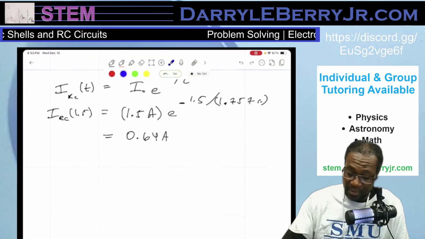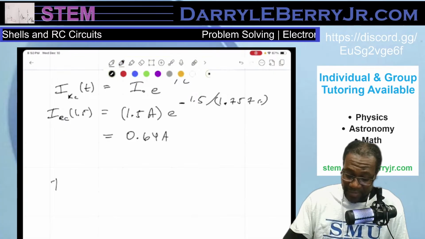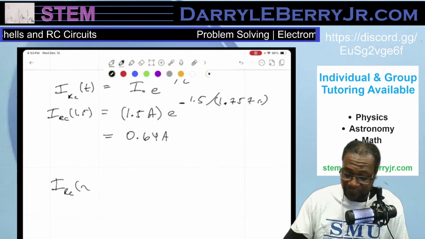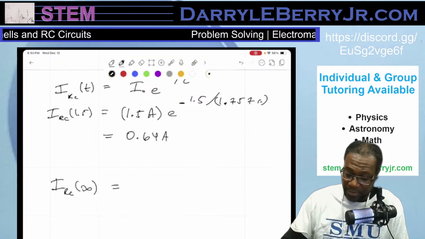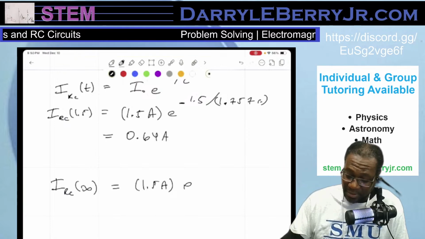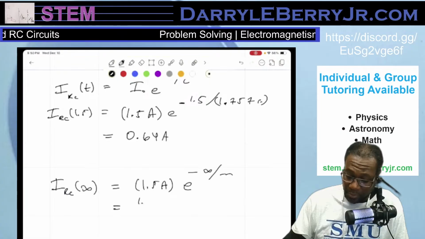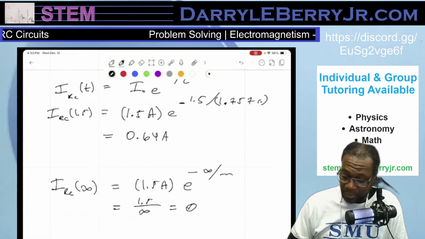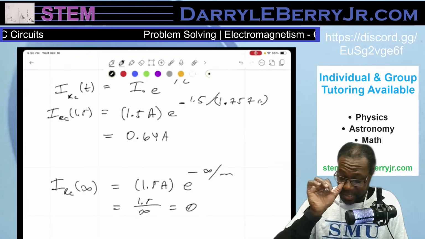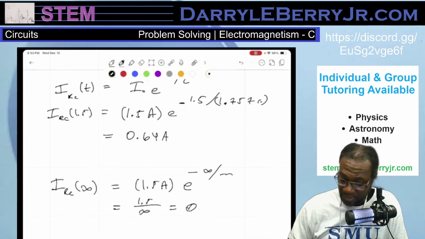If we have I at infinity, this will be 1.5 amps times e to the negative infinity, divided by, doesn't matter what that is, because it'll be 1.5 divided by infinity. So it'll be zero. So we know that at an infinite amount of time, there's zero current going through it.